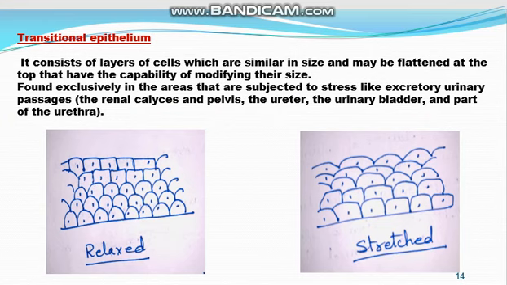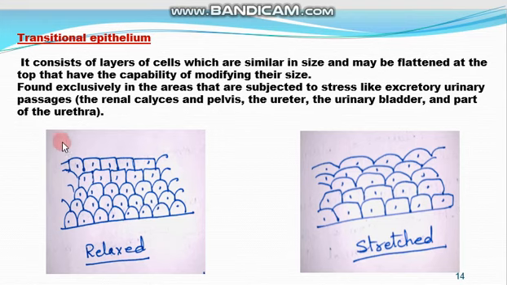So this type of transitional epithelium is present in those areas which are subjected to stress, like the urinary passage of human beings. So it is a layer which has cells similar in size, and they may be flattened at the top, and they have the capability of modifying their size.